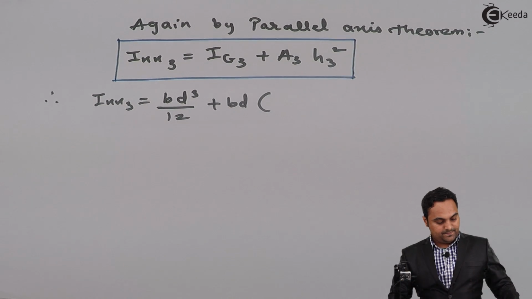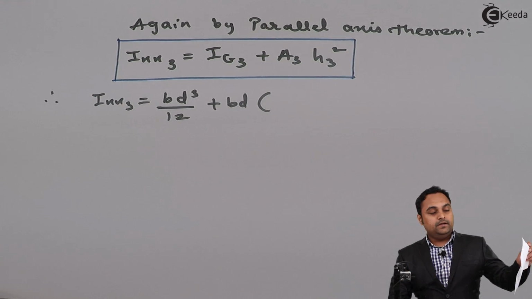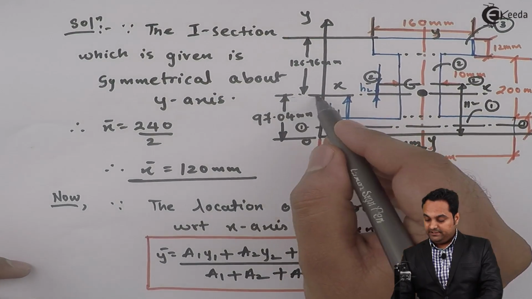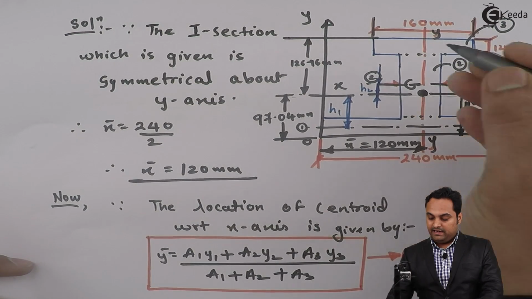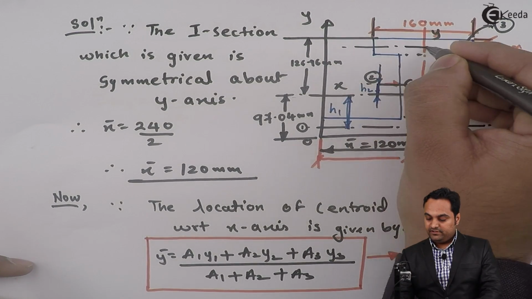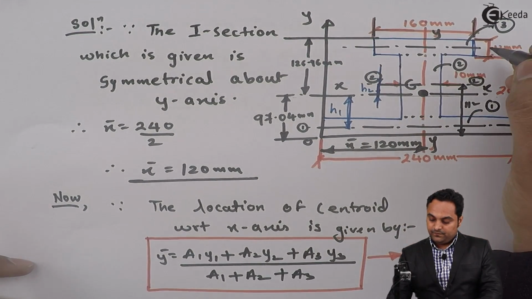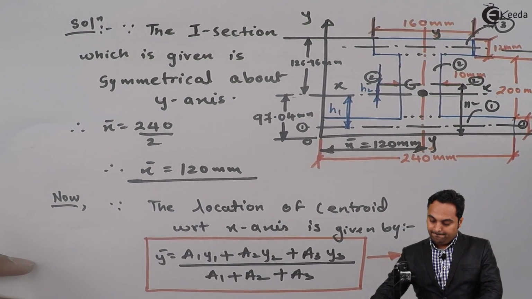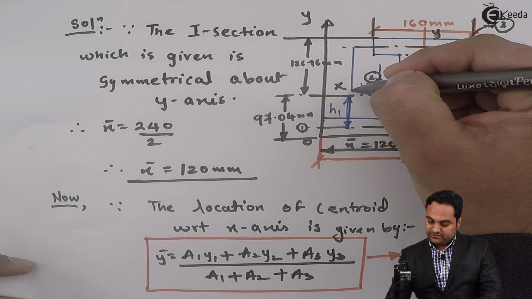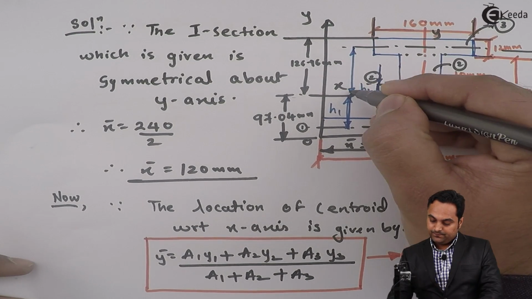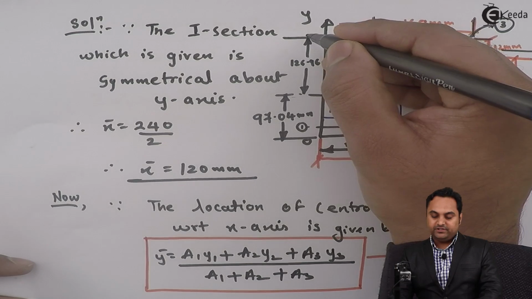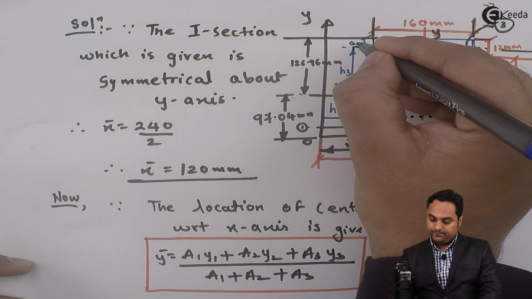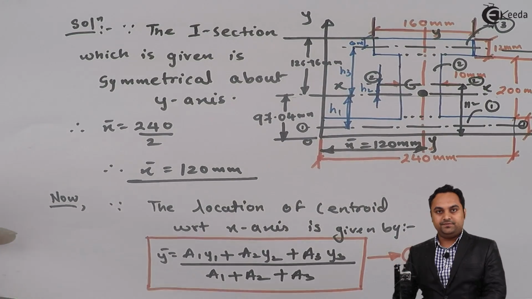Now h3, it is the distance between the x-axis for the complete I section and the x-axis of rectangle number 3. So this distance will be h3. So h3 is 126.96. From that I am going to subtract 6 mm, that will give me h3.